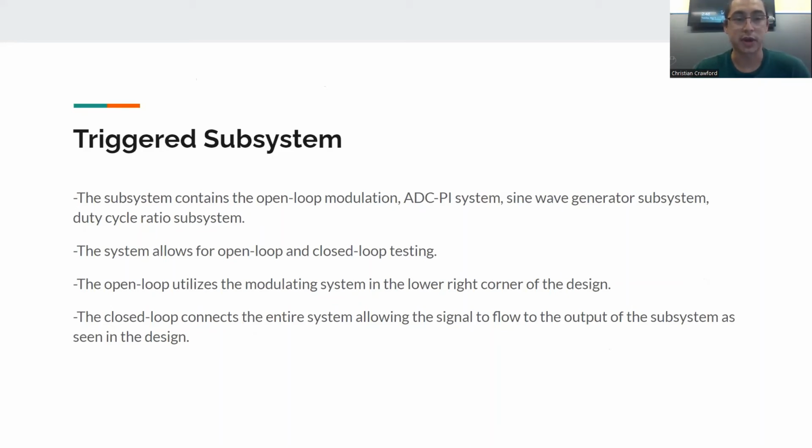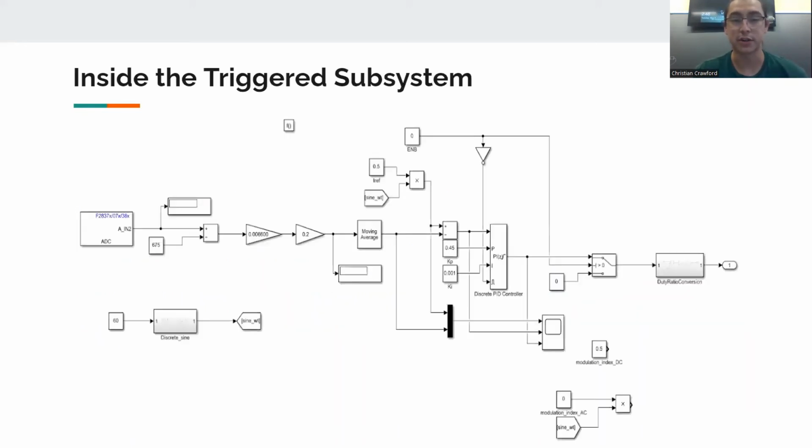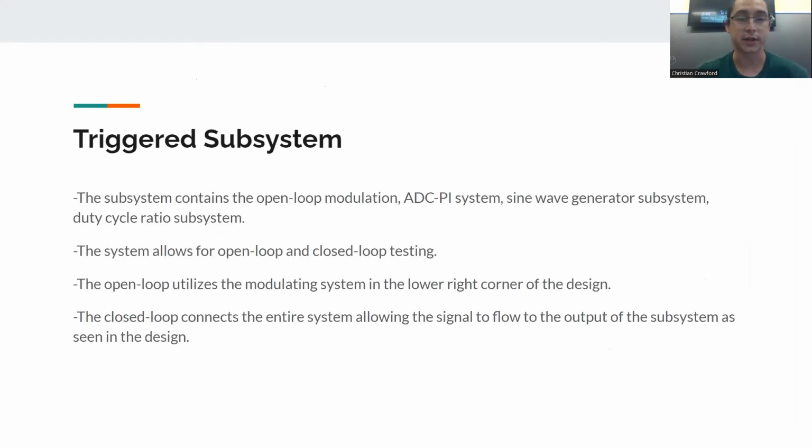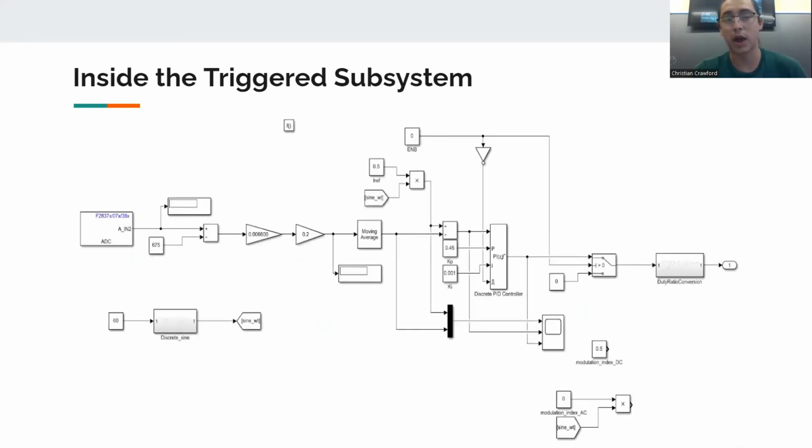The actual system allows for open loop and closed loop testing. As I stated before, the open loop utilizes the bottom right portion, where the product connects the sine wave to a modulation index. The modulation index is changed from 0 to 0.5, et cetera, to produce and view the output. The closed loop connects the entire system, including the ADC block.